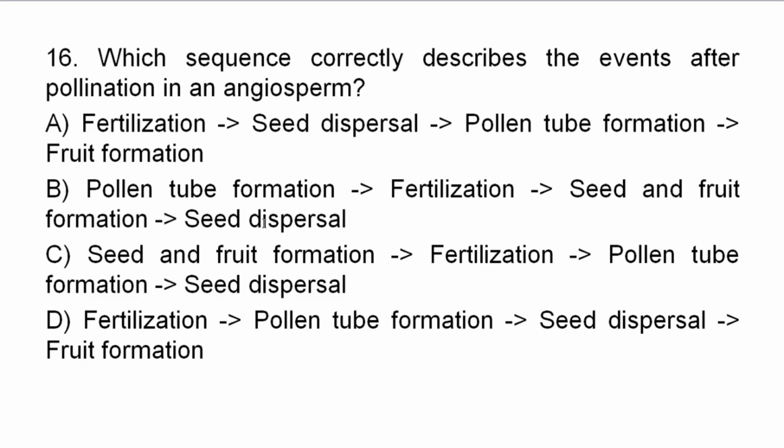Good, the correct answer is B. Pollen tube formation, then fertilization, then seed and fruit formation, and finally seed dispersal. This is the correct sequence of events after pollination in angiosperm plants. So the correct answer for question number 16 is B.